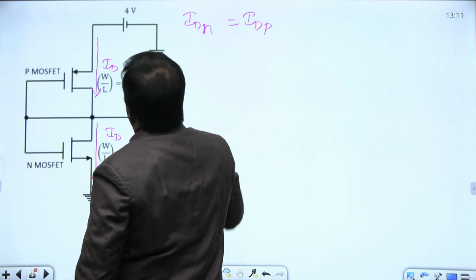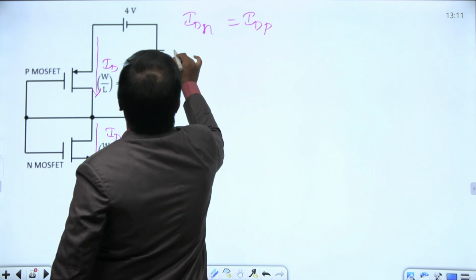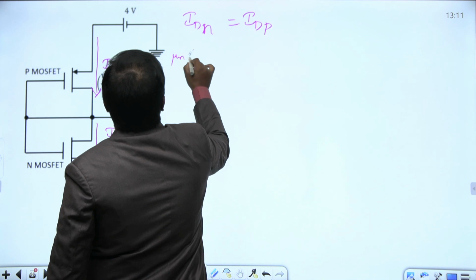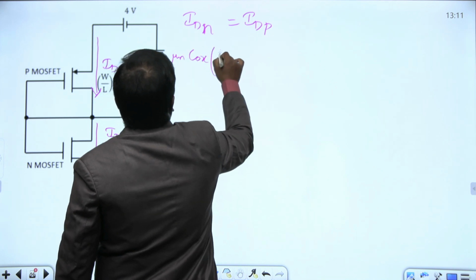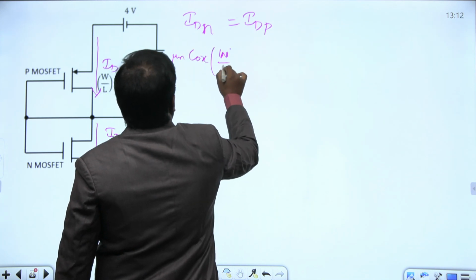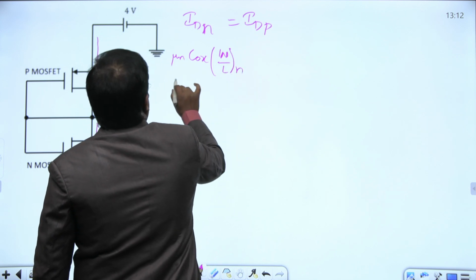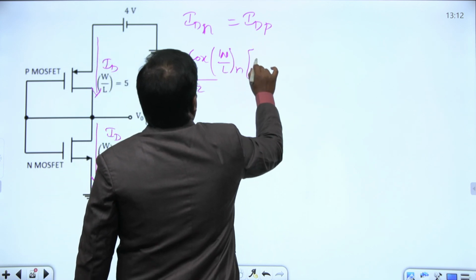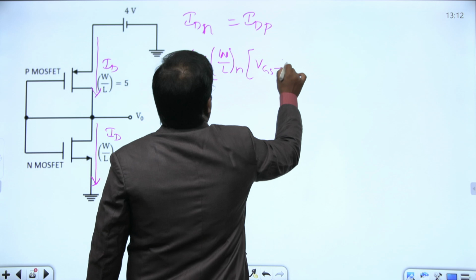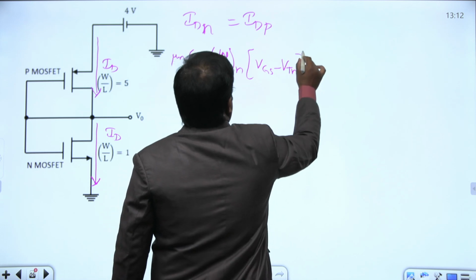What is the current equation in the saturation region? For NMOS, it is mu n Cox W by L by 2 into (VGS minus VT) whole square.